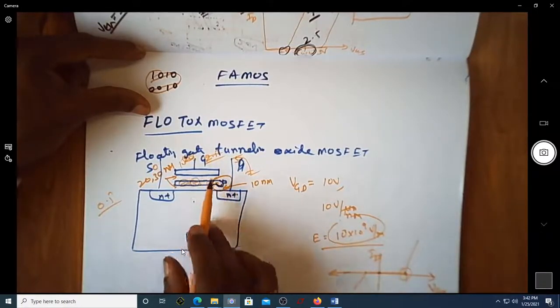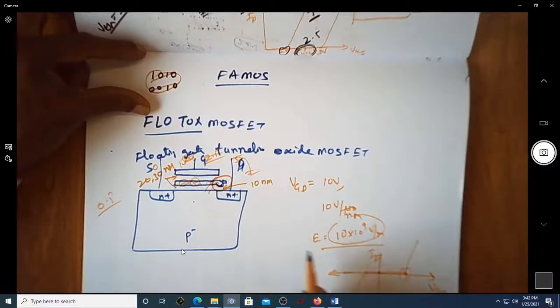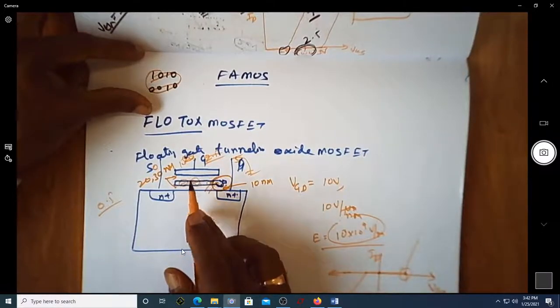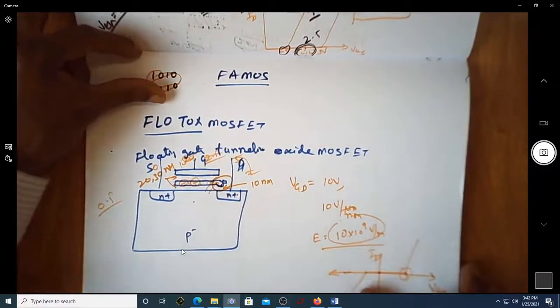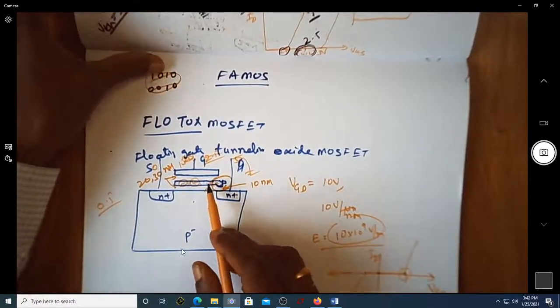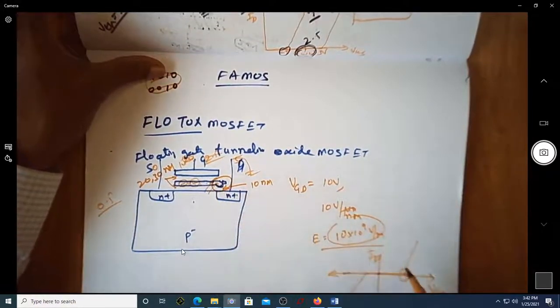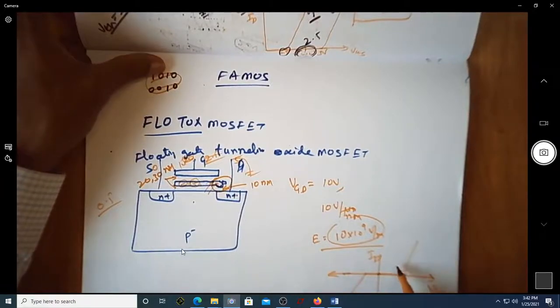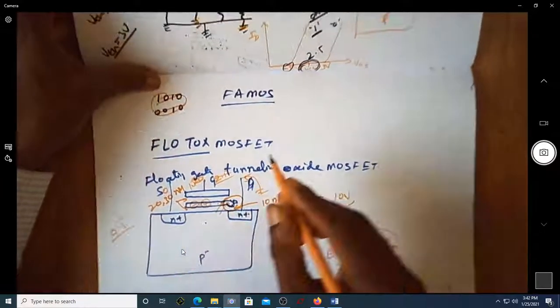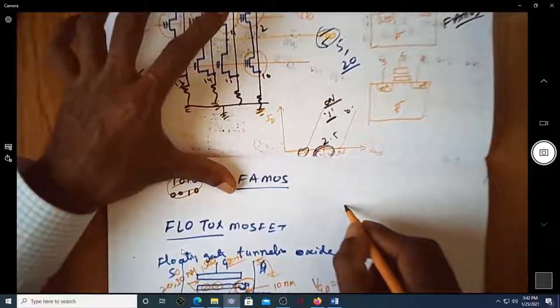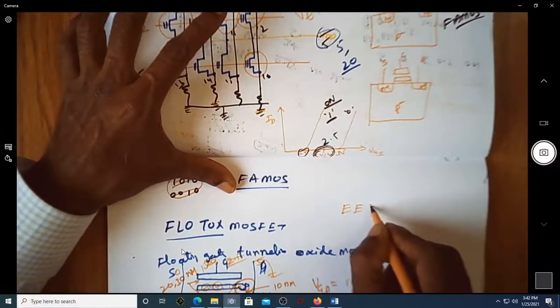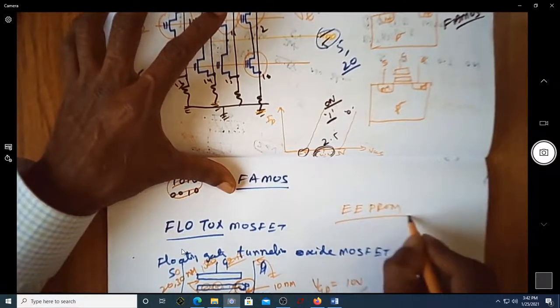If you apply a negative VGD, then you can certainly reduce the threshold voltage of this MOSFET. Since it is electrically possible to change the threshold voltage, either increment or decrement, this comes under the category of electrically erasable programmable read-only memory.